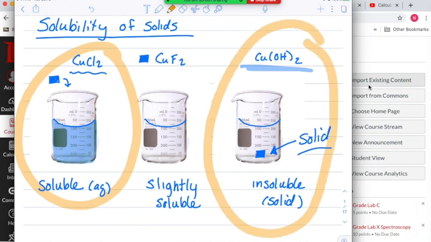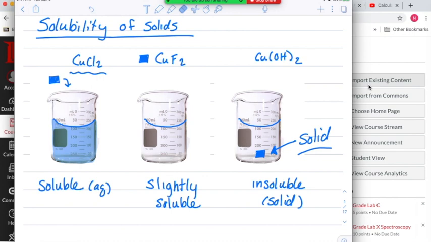So right now I just want to compare the image on the left of your screen with the image on the right of your screen. The left is soluble, completely dissolving. The right side is a solid, it doesn't dissolve at all. It's going to sit at the bottom as a chunk. So any questions about the difference between the soluble or aqueous and the insoluble, which we would also refer to as a solid?